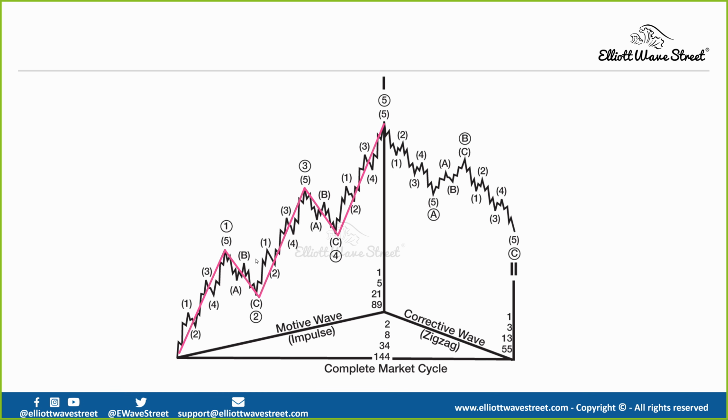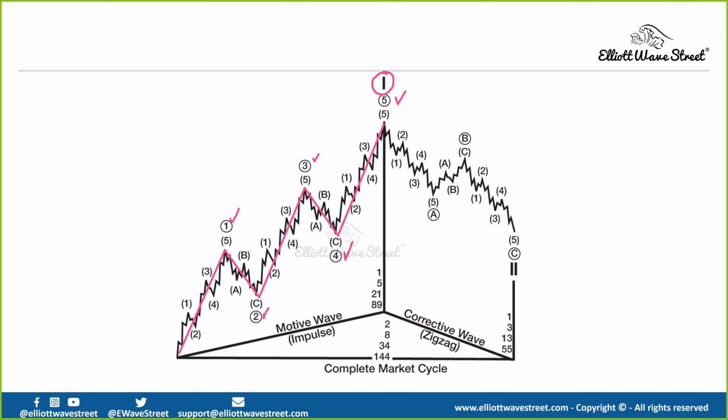So we have 5 waves where each leg has its own 5-wave sequence, and at the same time, this 5-wave sequence in black circled 1, 2, 3, 4, and 5 is making a higher degree wave that we are calling wave 1.